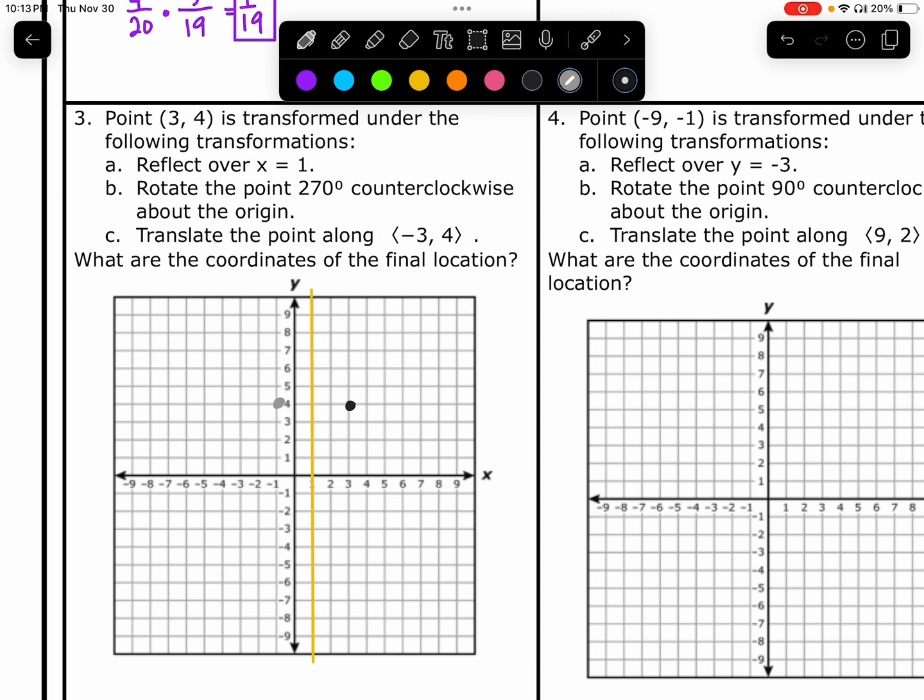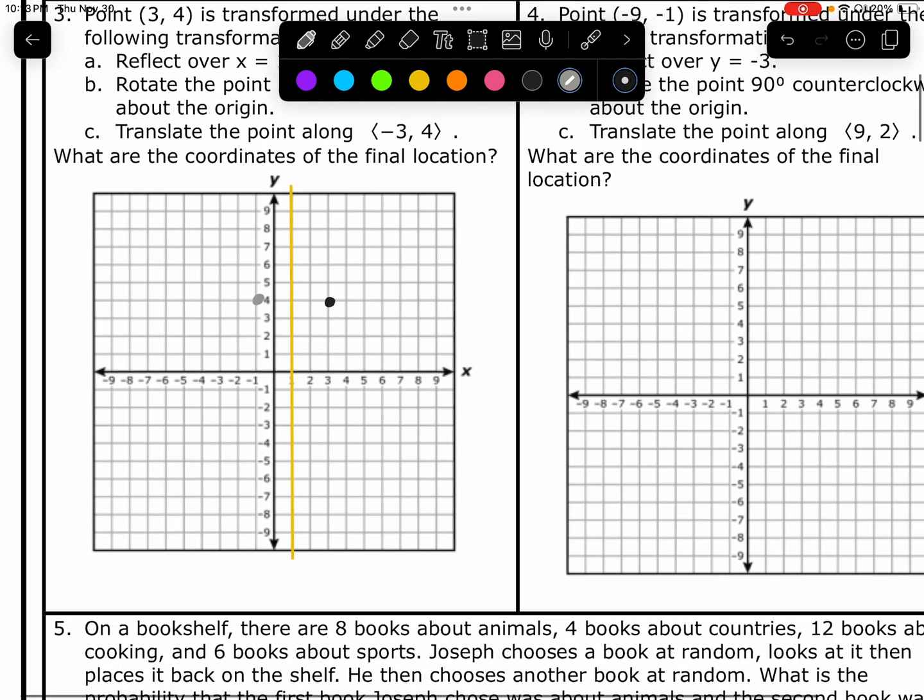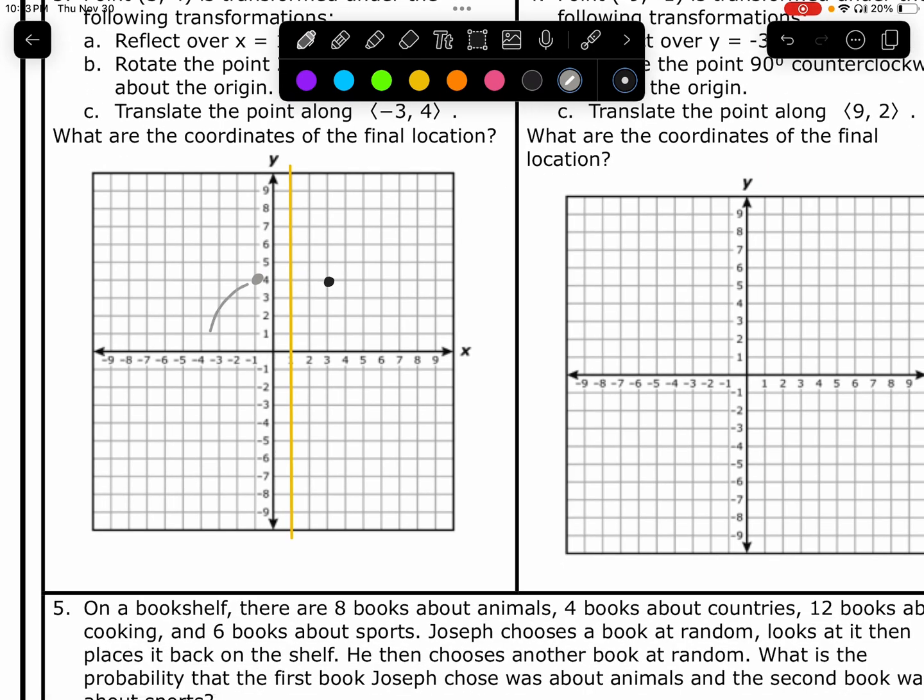Then we're going to rotate that point 270 degrees counterclockwise, so it'll end up up here. And then last but not least, it's going to be translated 3 units left and 4 units up. And there is the final point at 1, 5.